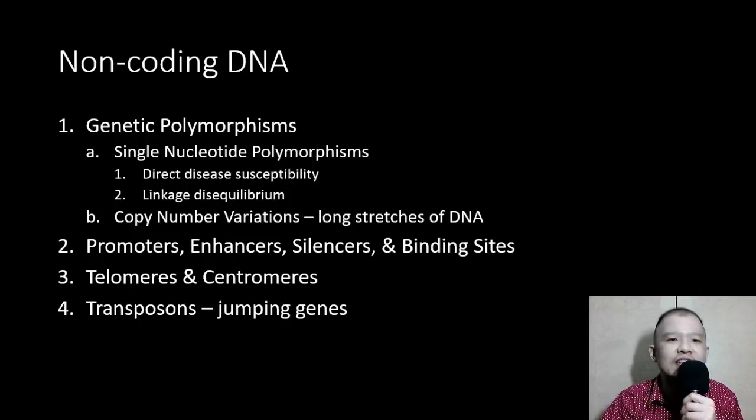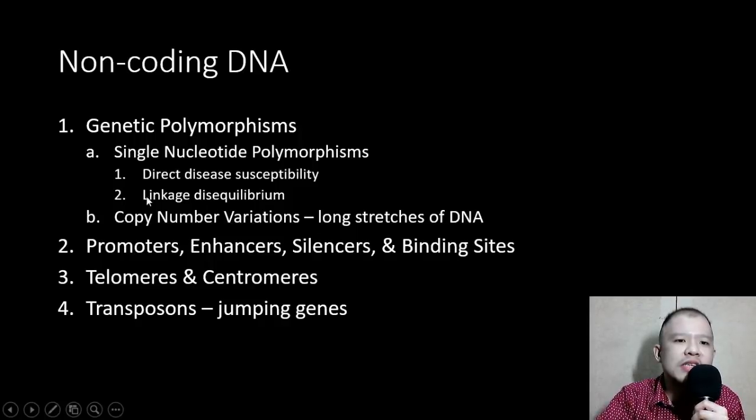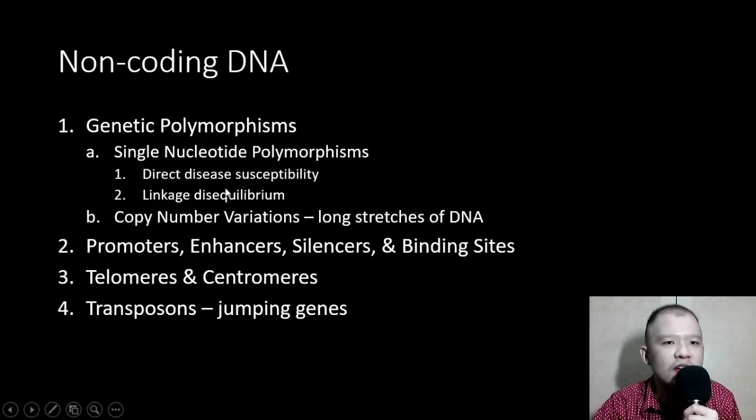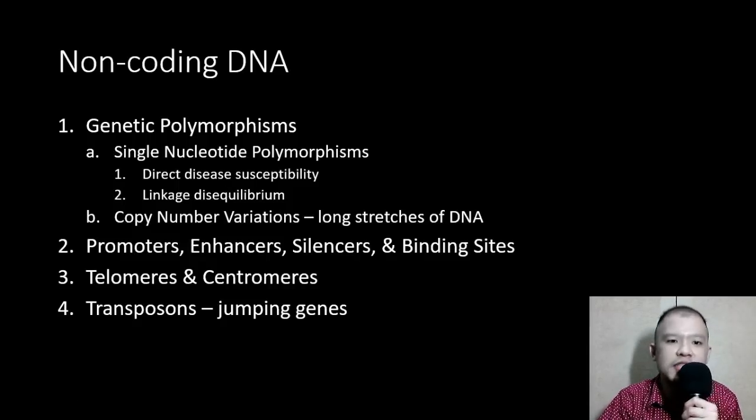The second genetic polymorphism is in the form of multiple nucleotide polymorphisms, or what we call copy number variations. It is in the form of long stretches of DNA. Other forms of non-coding DNA are promoters, enhancers, silencers, and binding sites in the DNA.